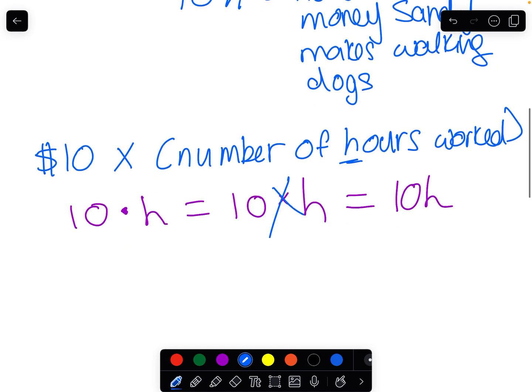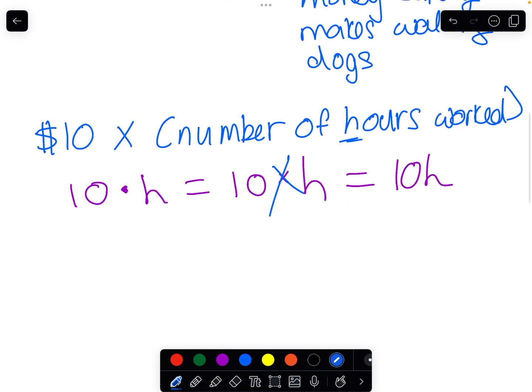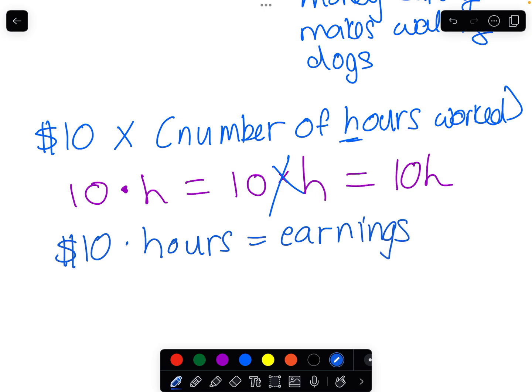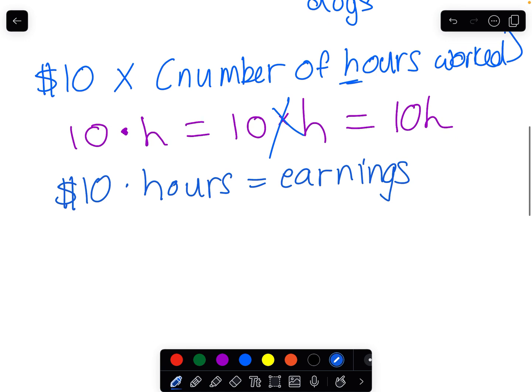Let me give you an example here. So we know $10 times the number of hours that Sandy works equals her earnings for a week. Let's think about this.